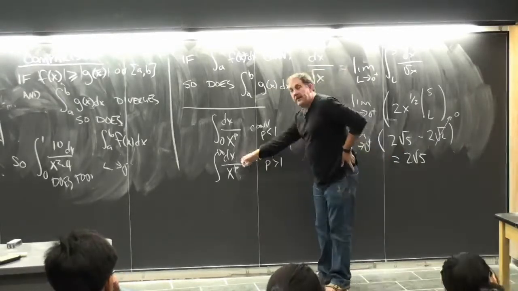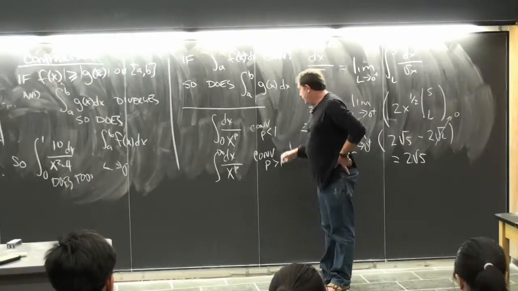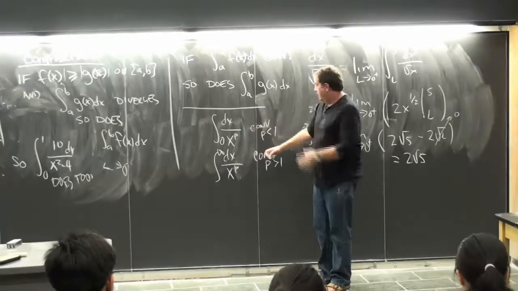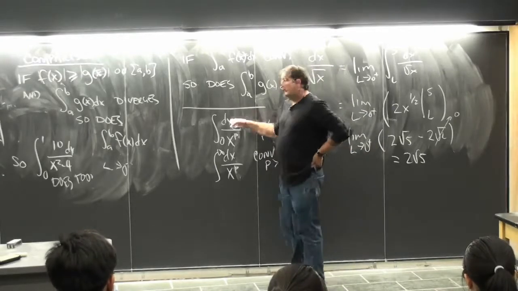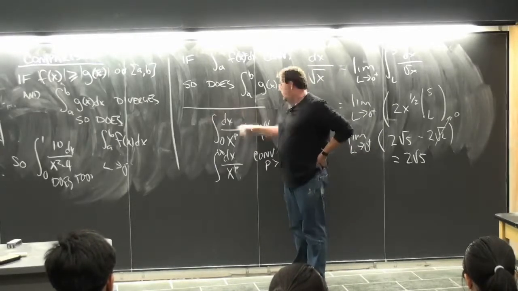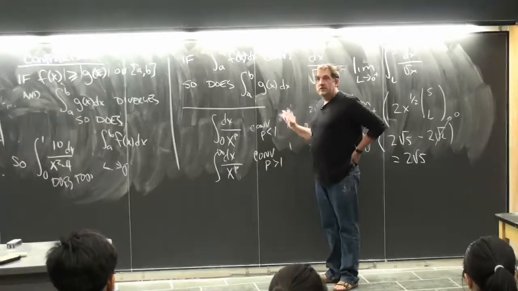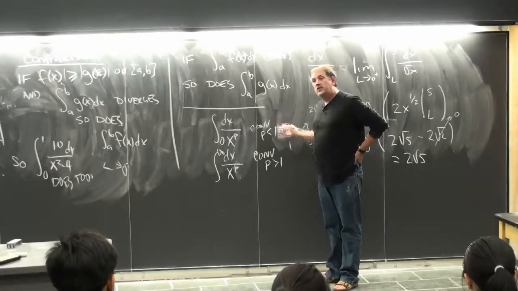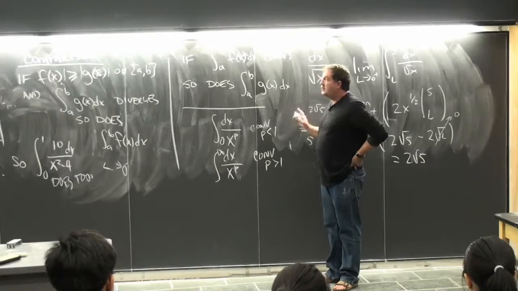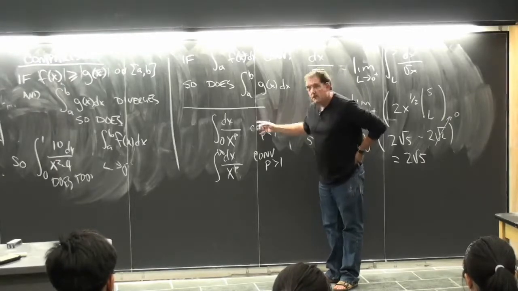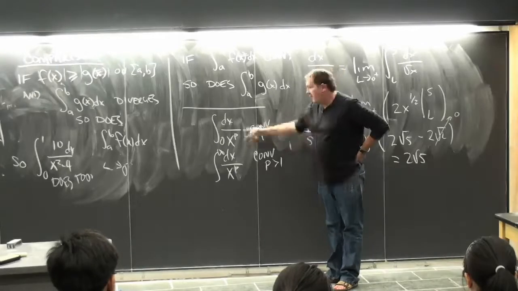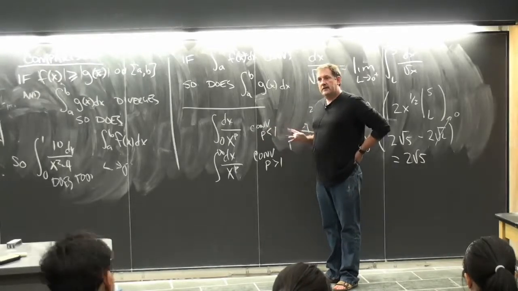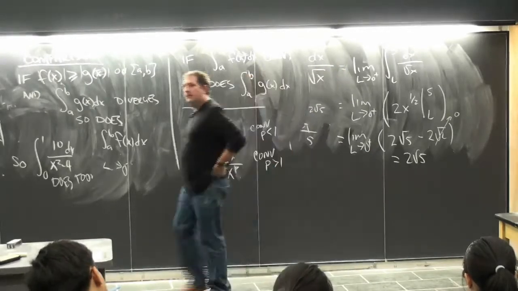So if the power on the bottom is big and you're going to infinity, then it converges. If the power is small and you're going to 0, then it converges. Otherwise, no. So the good things to compare to often are 1 over x to some power, because you know about these, and they're easy, and they're ones that you should remember.